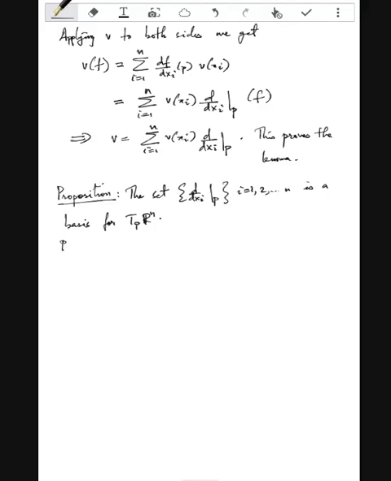So proof, we only need to show that d by dxi at p are linearly independent.